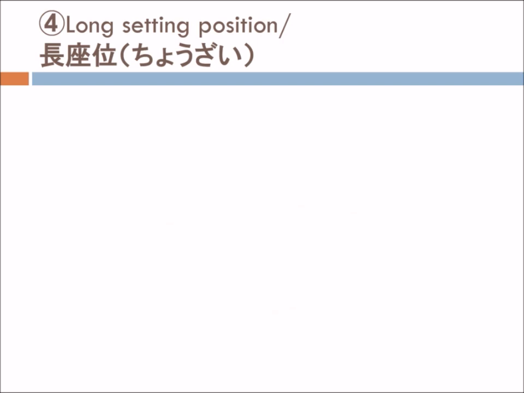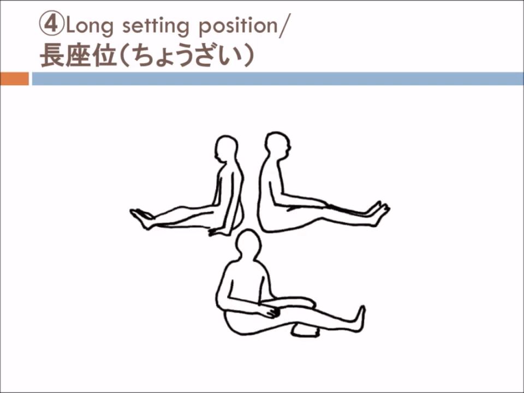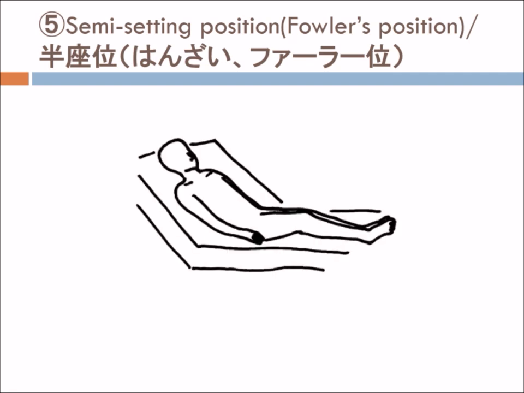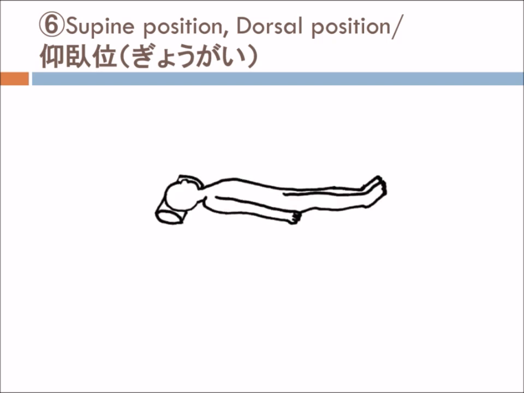Long sitting position, 長座. Semi-sitting position, forward position, 半座, far lie. Spine position, dorsal position, 場外.